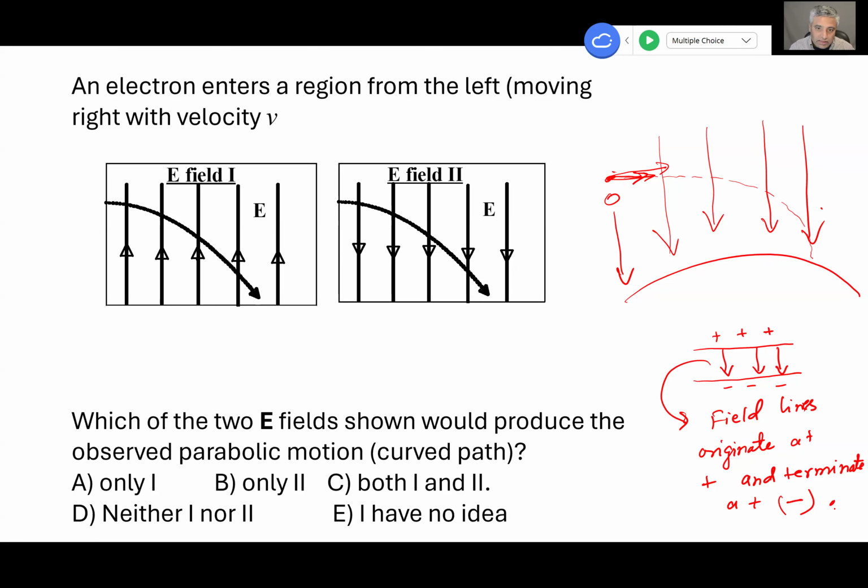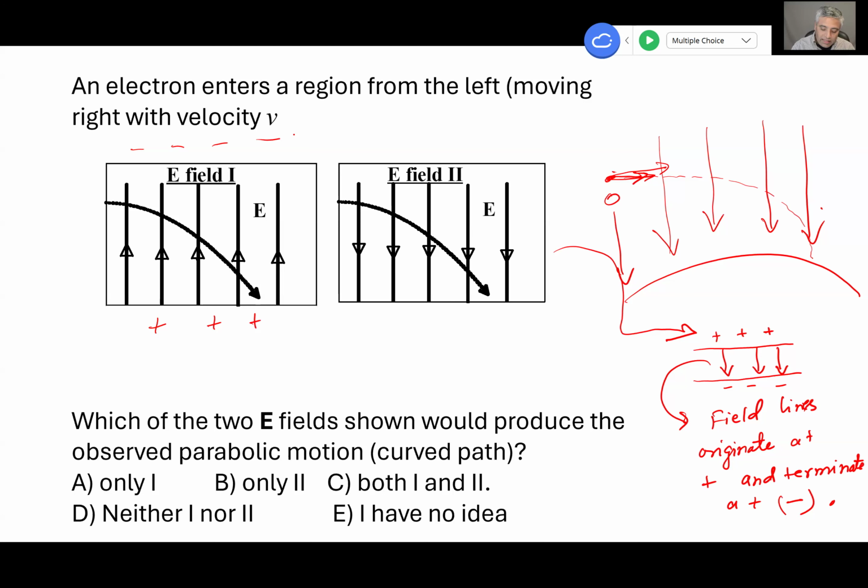That we learned last class. So this field is something like this. Here the field lines are going up, so that means the positive charge must be something like that, and the negative charge somewhere there, okay? You don't need that, but if you like, you can put charges like that.